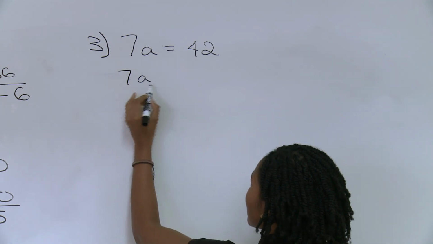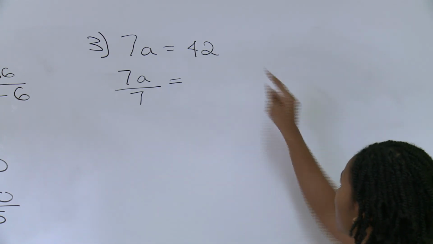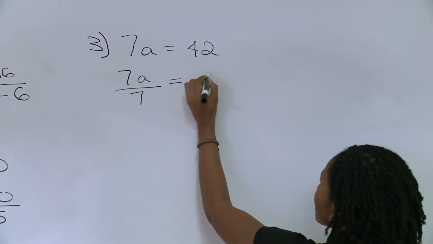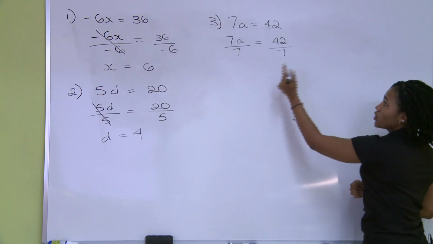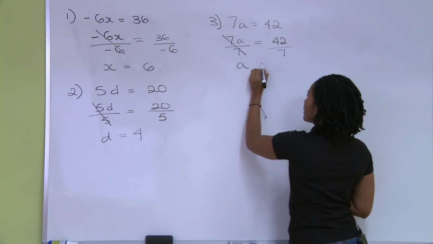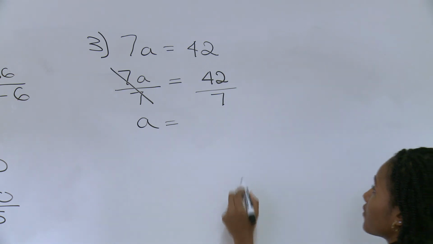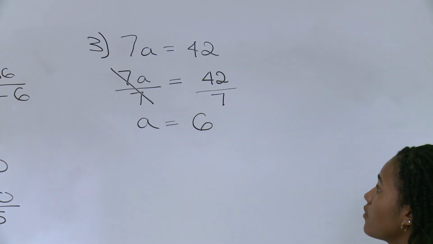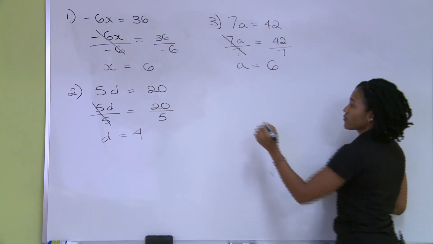So 7a divided by 7 is equal to, we're also dividing our right-hand side by 7, so 42 divided by 7. So 7 into 7 is 1, which leaves us with a. 42 divided by 7 is 6. Therefore, the solution for this is a is equal to 6.